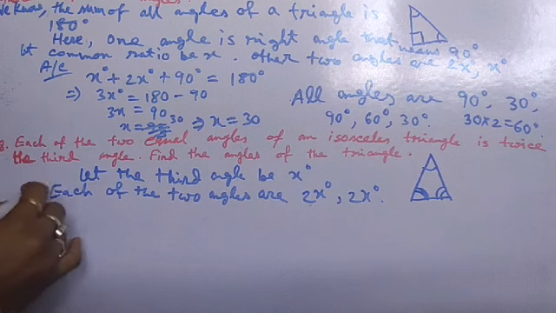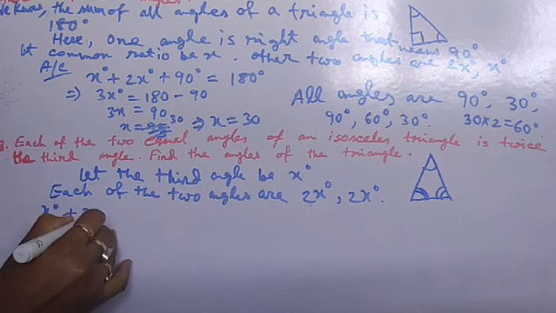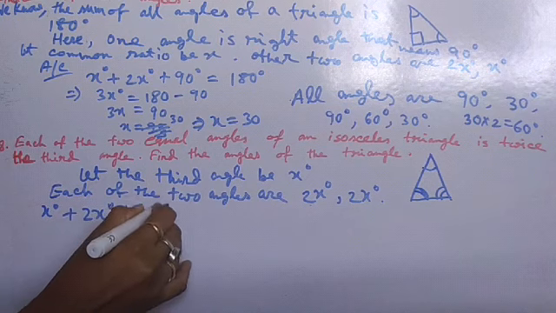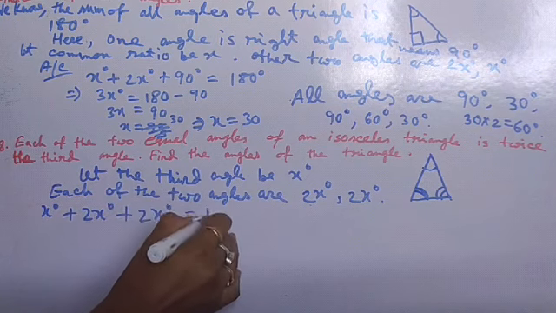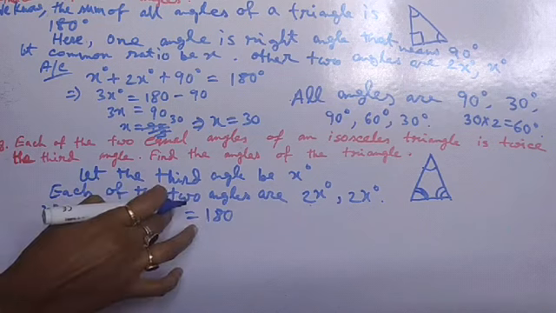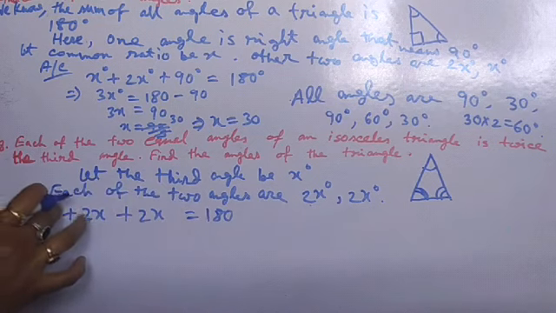Now angle sum property of the triangle. So x degree plus 2x degree plus 2x degree equal to 180 degree.